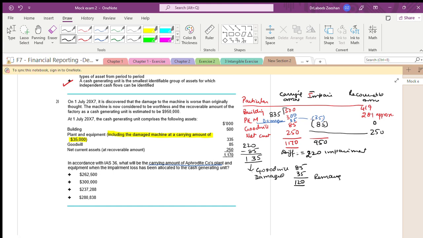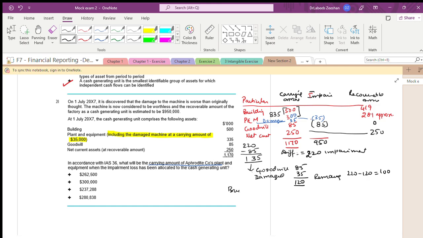Remaining is 220 minus 120, 100. Now, how much is there? 500 and 300. Only to this we have to allocate.